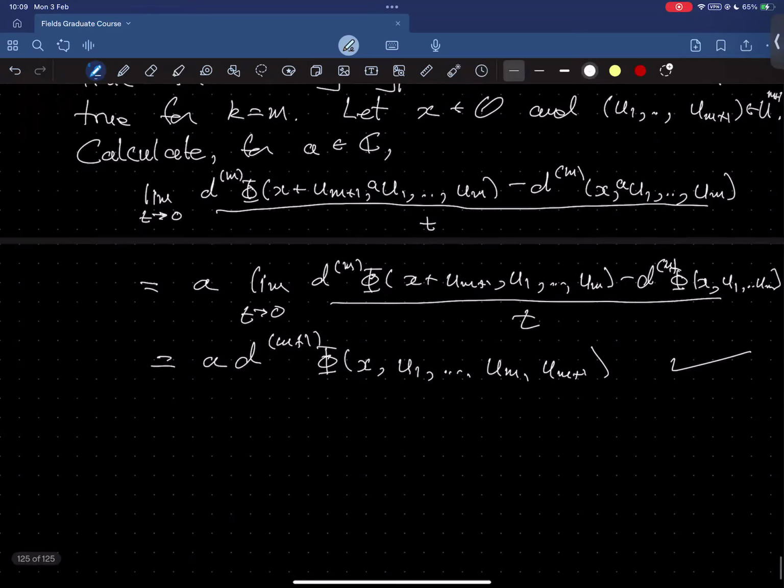Okay, so we've proved that d^k phi of x is complex multilinear. Good. Now we're going to use that fact to prove the result.